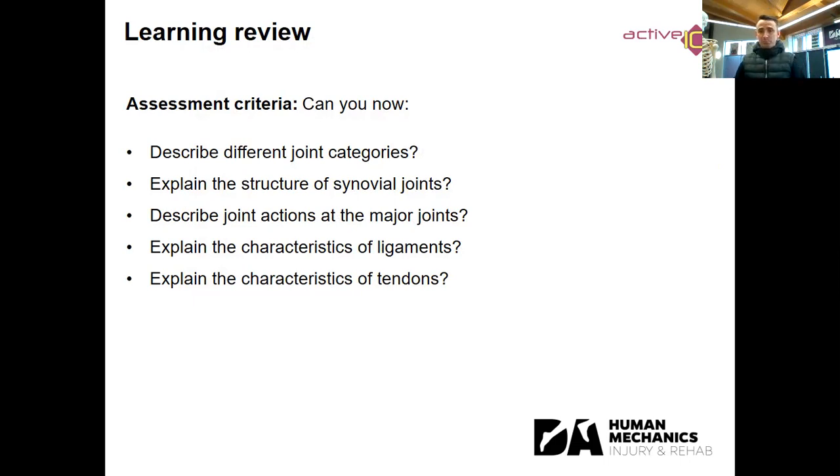elevation and depression. Elevation clearly meaning things move up. Depression coupled, obviously, if something moves up, then it can move back down. A good example is at the shoulder joint. Or not so much shoulder joint, but it looks like a shoulder movement, but it's the scapula, the shoulder blade moving up and down. Also in this area, you have retraction, where we're bringing things backwards.